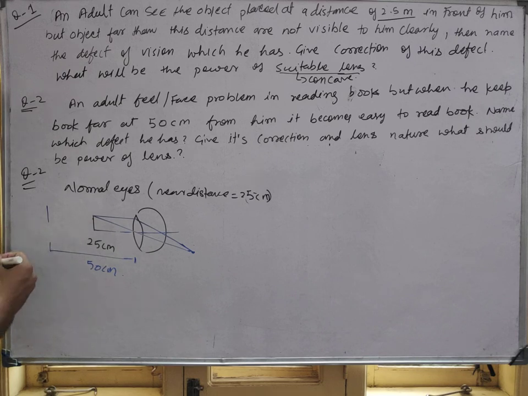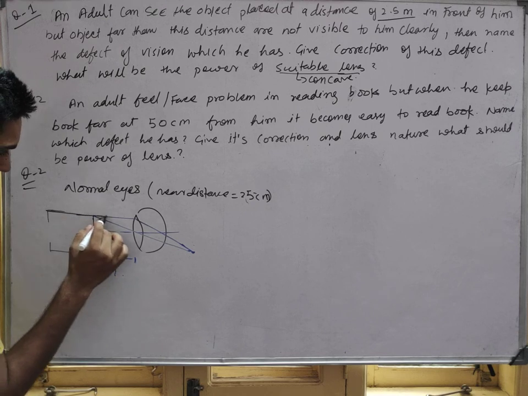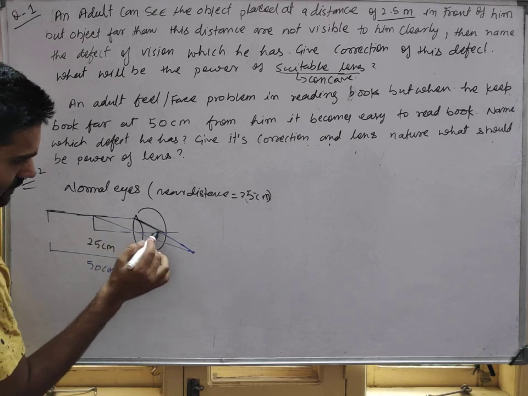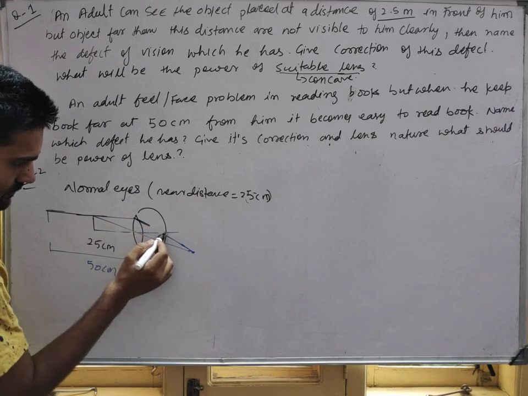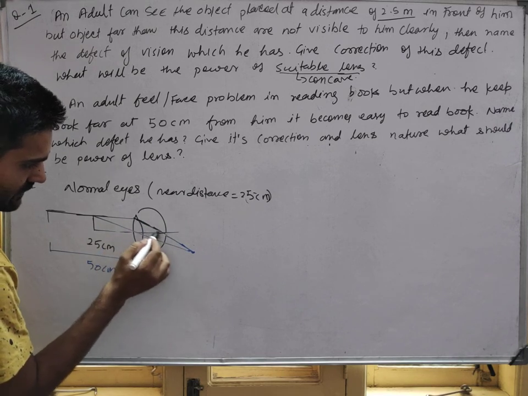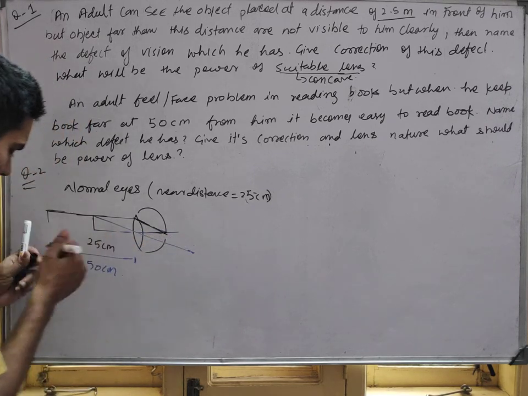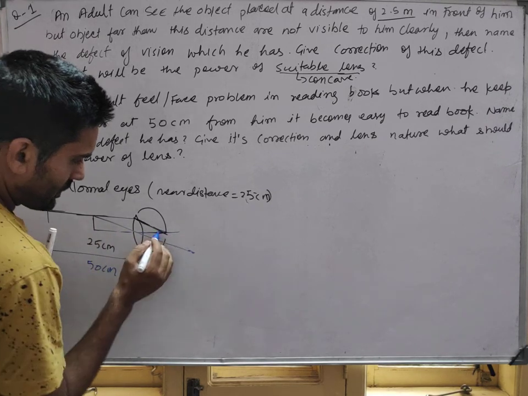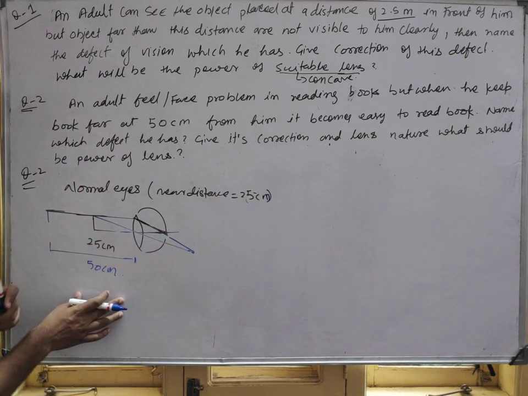Lines will go like this and go to the focus, and he can see the image clearly if it is at 50 centimeters, right?